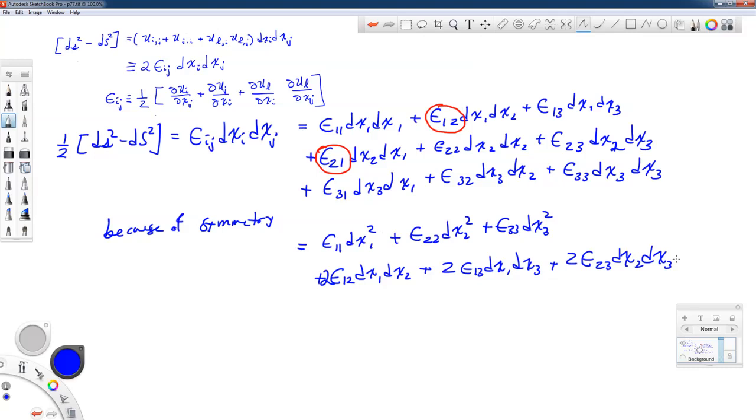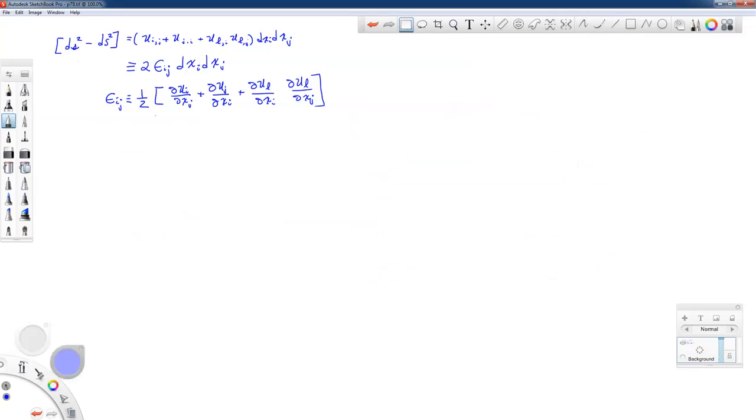Well, let's look at the individual components of the strain tensor now in terms of these displacement gradients. So let's start off with epsilon 1, 1. That's a half.